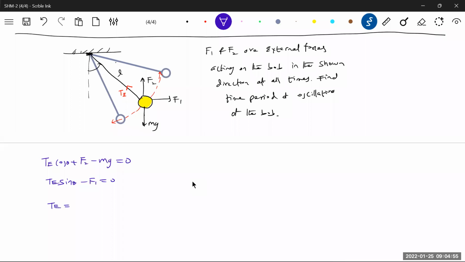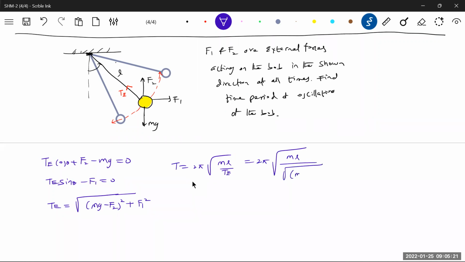Squaring and adding, we get Te. Then the time period of oscillations is given by 2 pi root of m L by Te. This will be the easiest approach compared to any other.